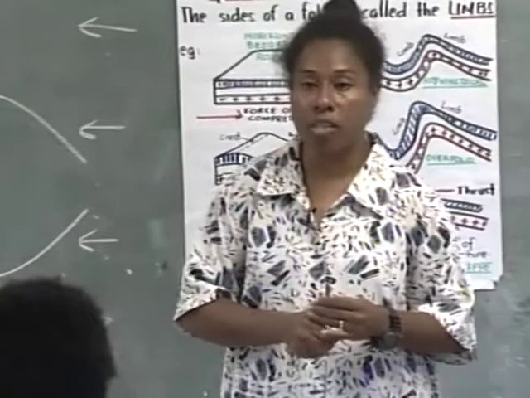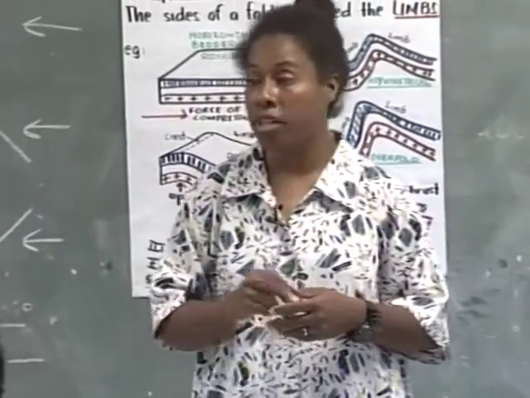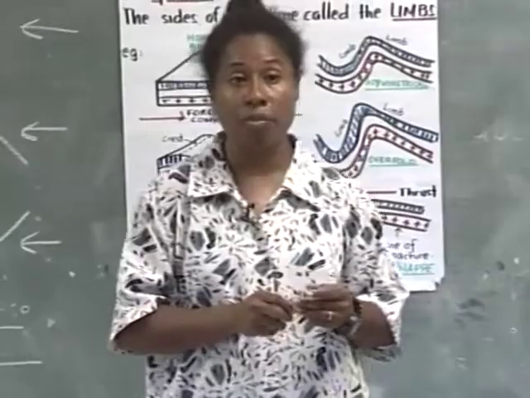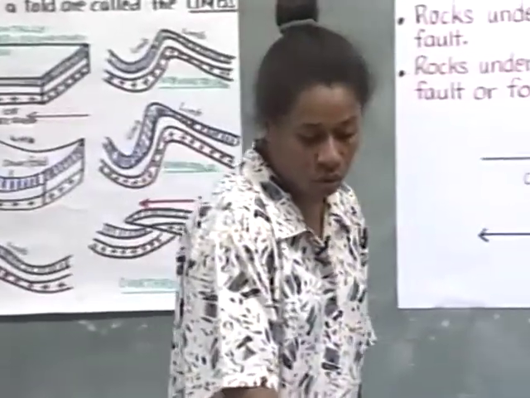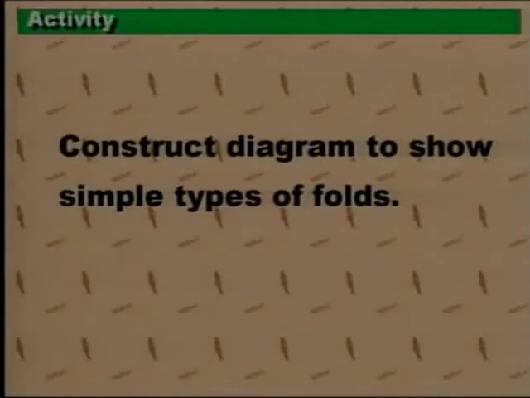So in your exercise book, I'd like you to do your sketches, and I'd like you to construct simple diagrams to show those four types of fold that I have just gone through with you. Make note of that information also.